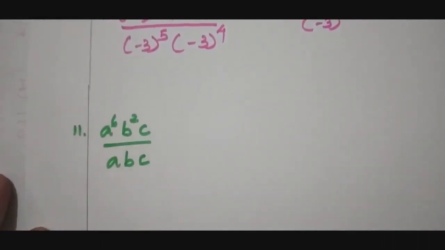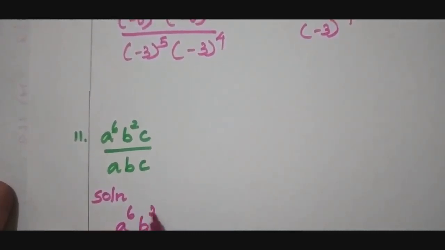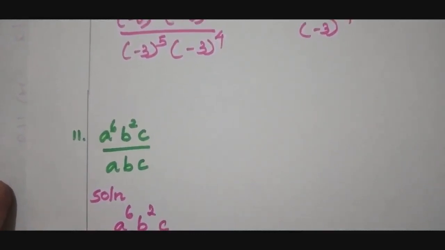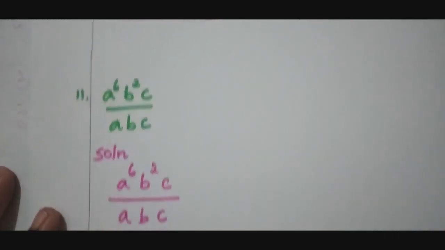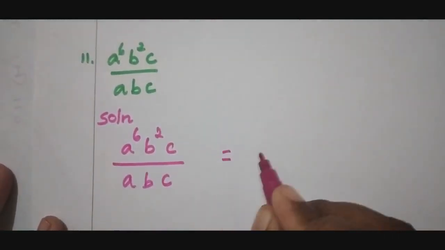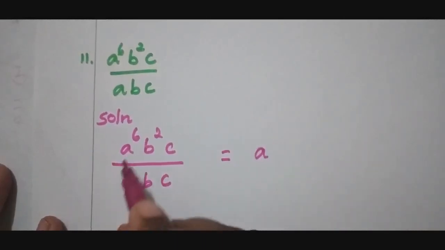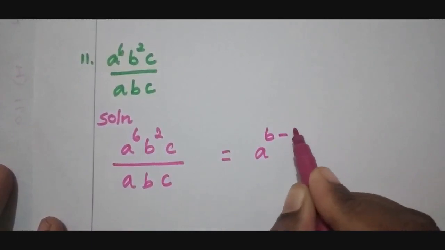Next one. A power 6 b square c divided by a b c. Which is equal to a power, the numerator the power is 6, the denominator the power is 1, 6 minus 1.